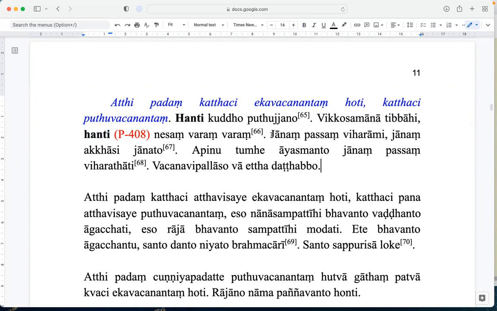And then next, Janam Basan Viharami. So Jana ekasi janando. Here also two words Jana. So Jana Basan Viharami. Janando, basando viharami. So, knowing and seeing, I dwell. I dwell knowing and seeing. So present participle.